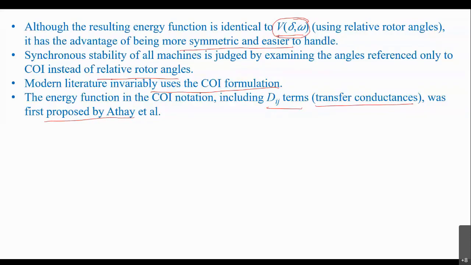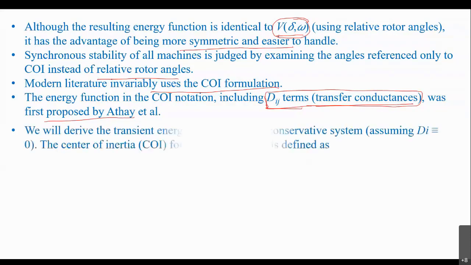Generally these transfer conductances were neglected in many research papers because of the ease of analysis and formulation. But this is the first author who proposed this COI formulation using these Dij terms, which are nothing but the transfer conductances.